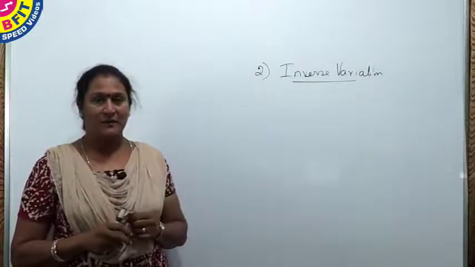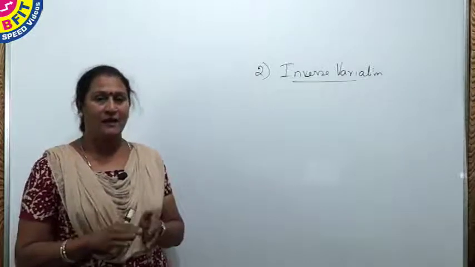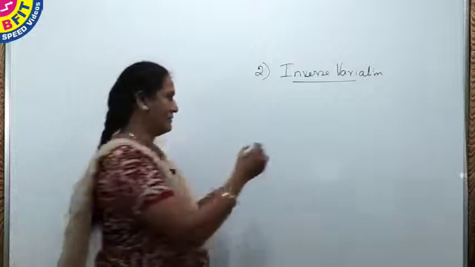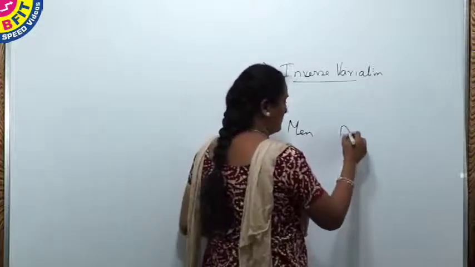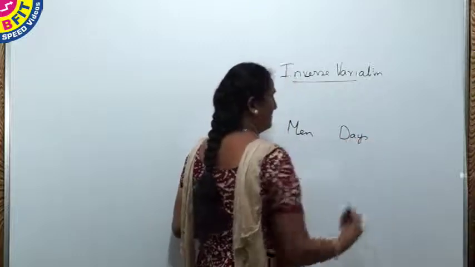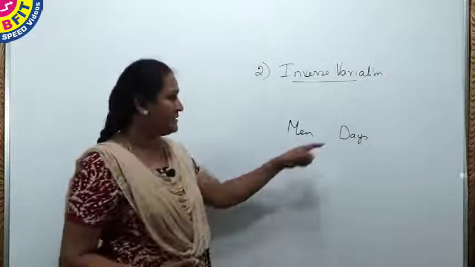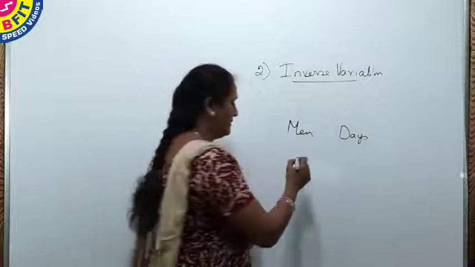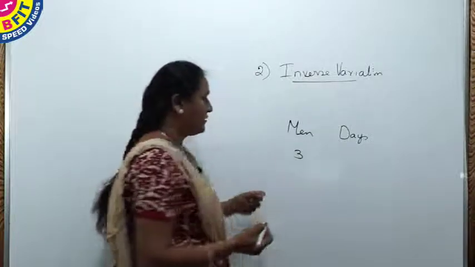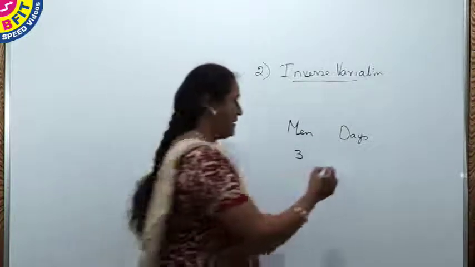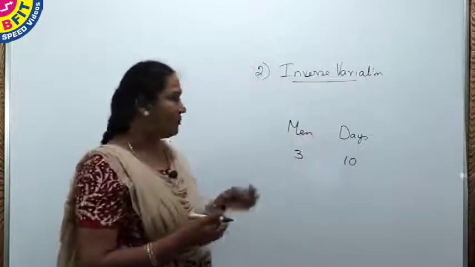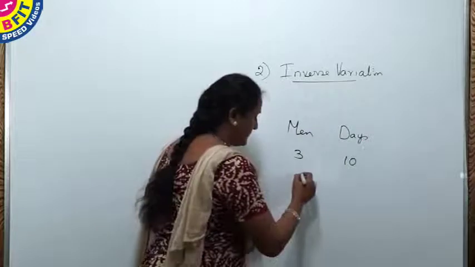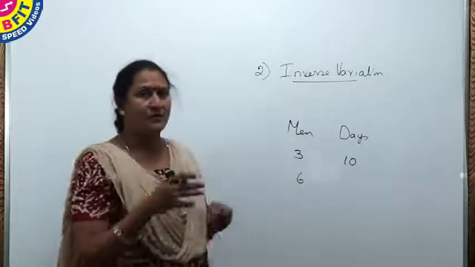Say for example, two variables, we take men and days. So here time taken is given in days. If 3 men work in 10 days, what is the time taken by 6 men to do the same work?